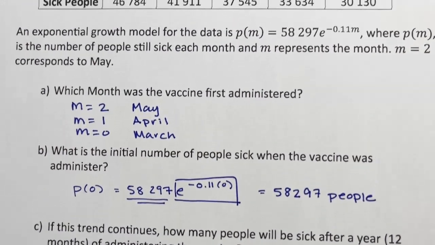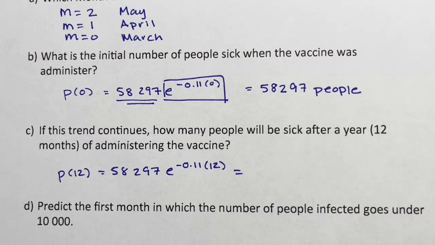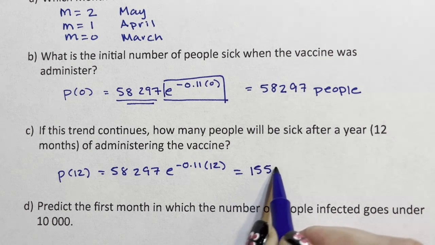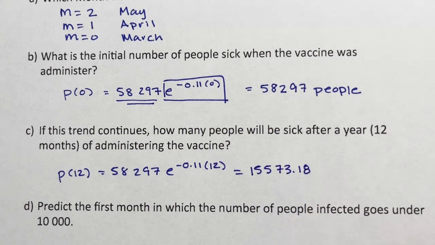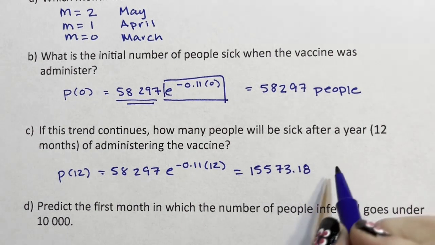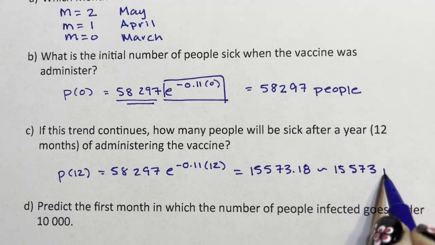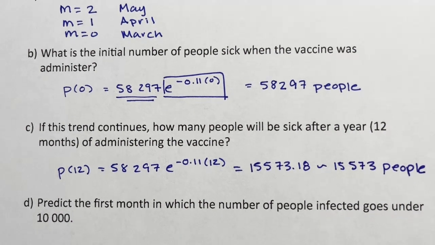So our table only went up to 6. If we put this into our calculator, we get 15,573.18. We can't have part of a person. People are whole people. So this becomes 15,573 people.